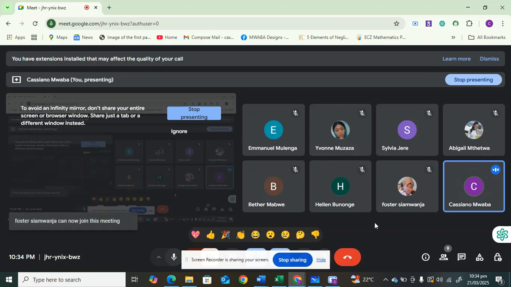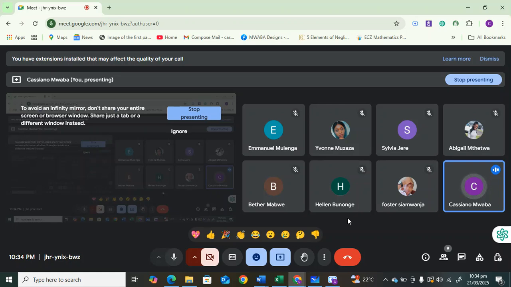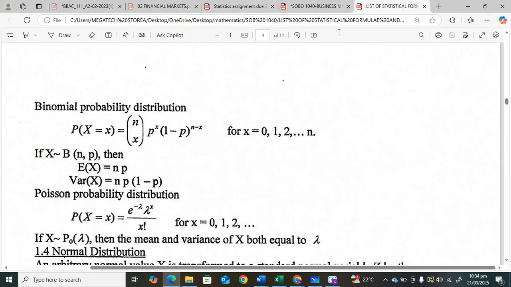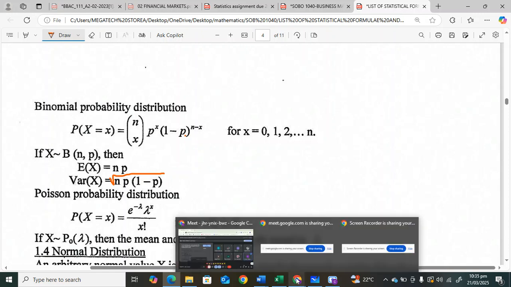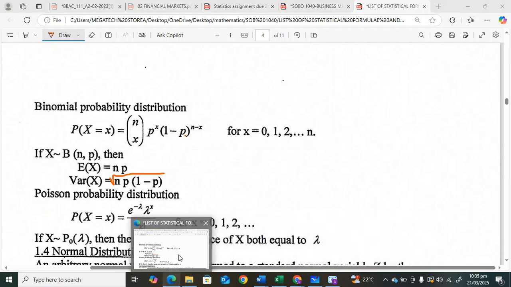Now we have to get the standard deviation. Remember, the standard deviation just shows how far apart from the mean a point is, and we're going to interpret it in this question. Here's the formula. This is for the variance, but the standard deviation is the square root of the variance. So that's how we're going to get the standard deviation.